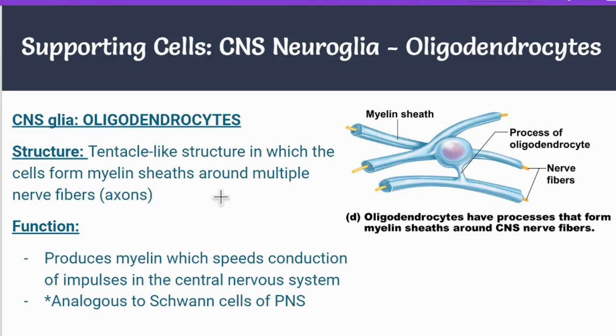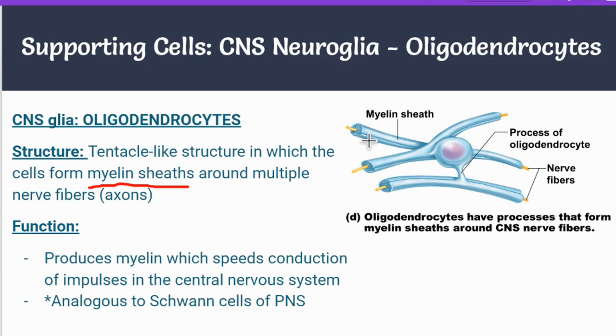All right, so you don't really know what myelin sheaths are yet, but myelin is a fatty covering that surrounds the axons of neurons. The nerve impulse travels down the axon, and if there's myelin on the axon, the nerve impulse travels much, much faster.